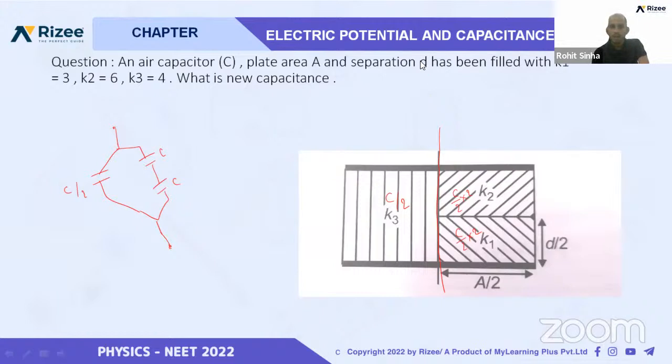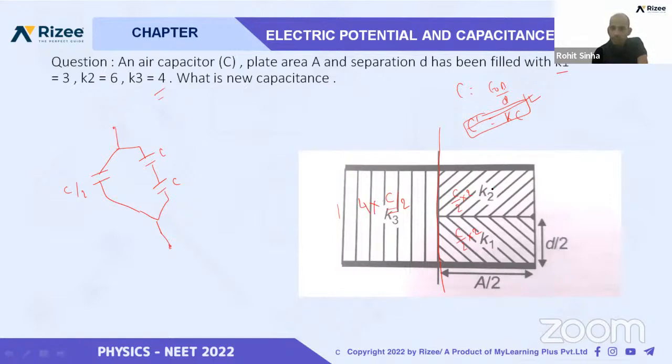Now it is given that we have filled with K1 equal to 3. We know capacitance is epsilon naught A by D. We have studied that if a dielectric is filled, it becomes K into C, so K times capacitance increases. K3 value is 4, so we have to multiply 4 here.